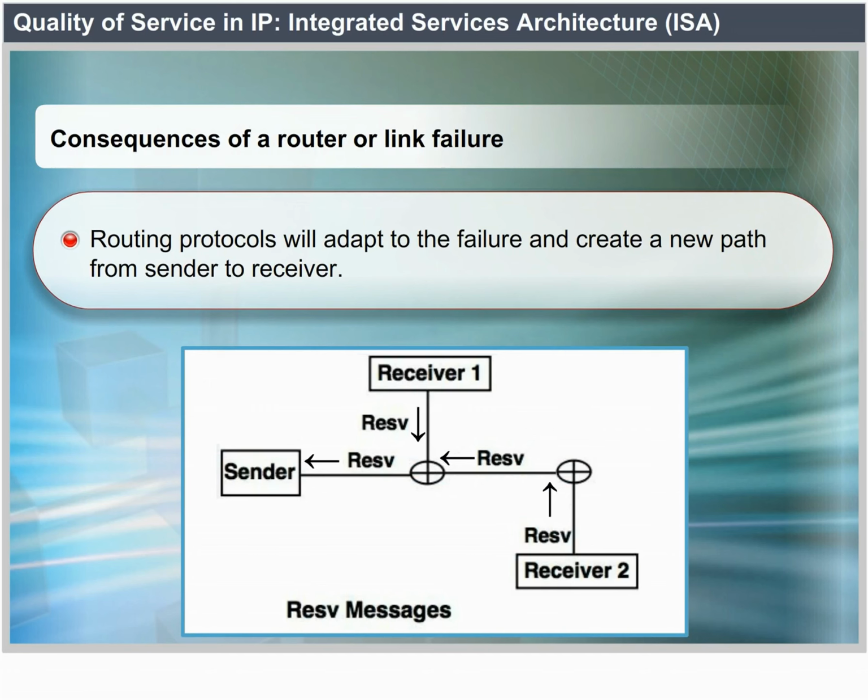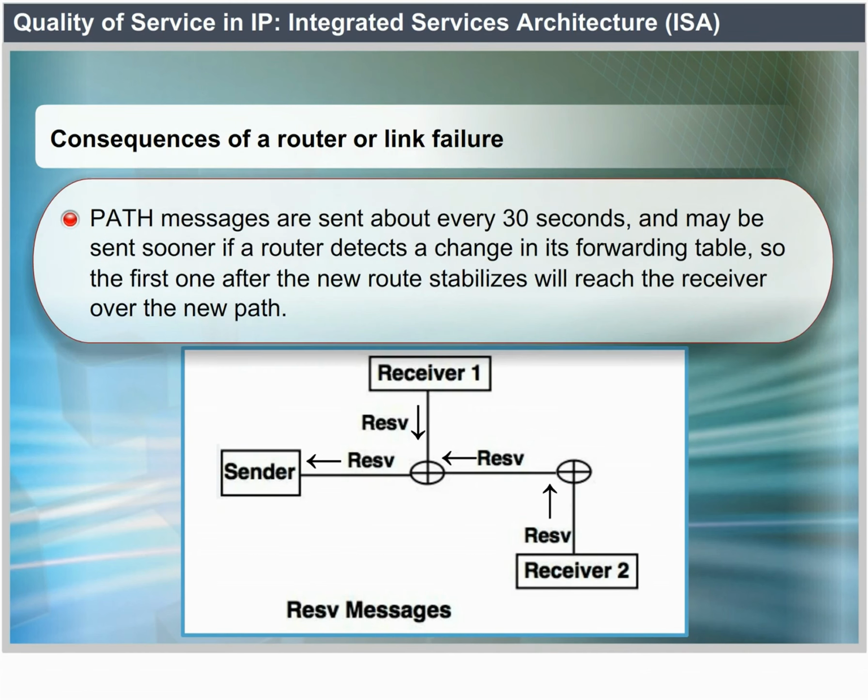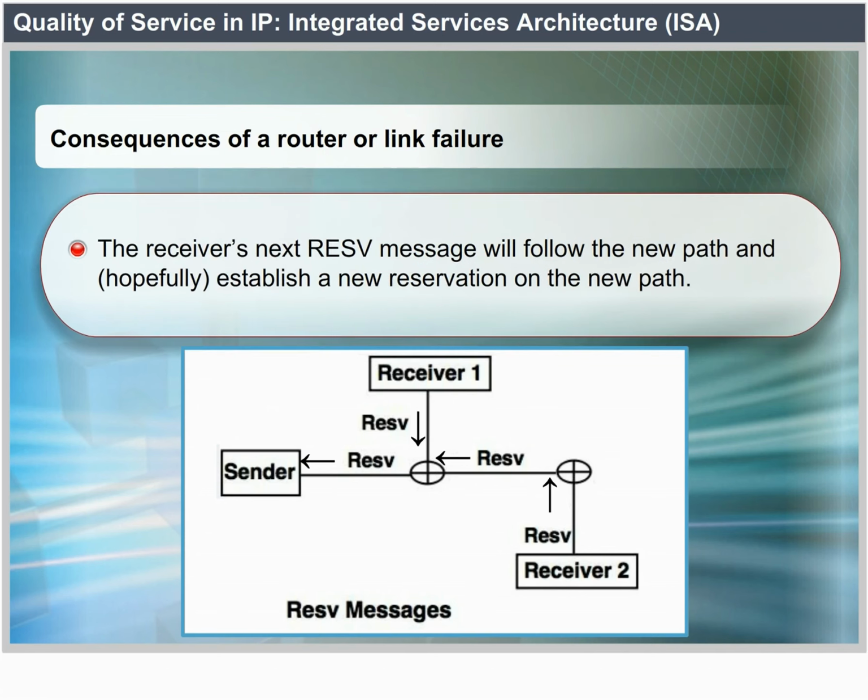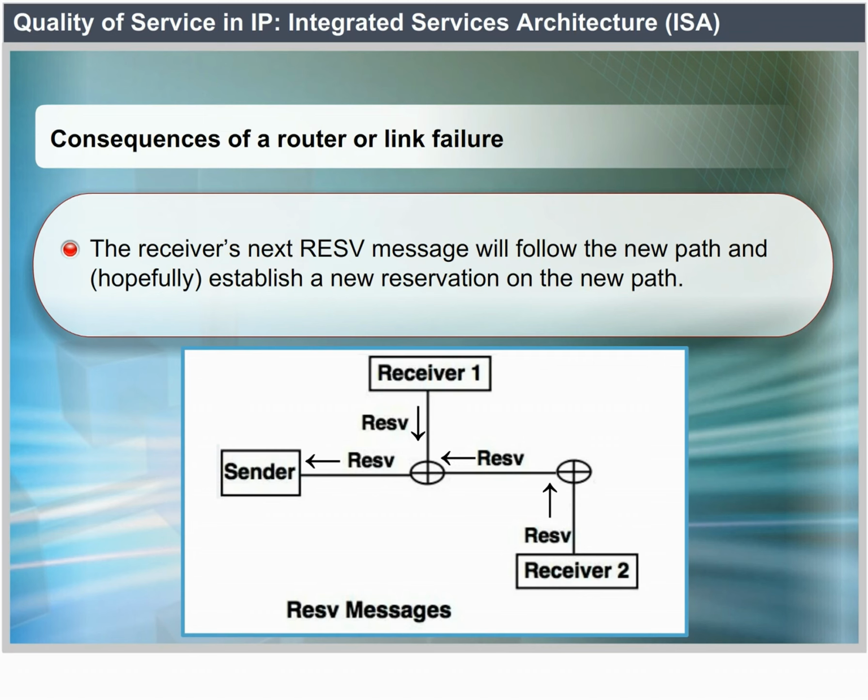PATH messages are sent about every 30 seconds and may be sent sooner if a router detects a change in its forwarding table, so the first one after the new route stabilizes will reach the receiver over the new path. The receiver's next RESV message will follow the new path and hopefully establish a new reservation on the new path.